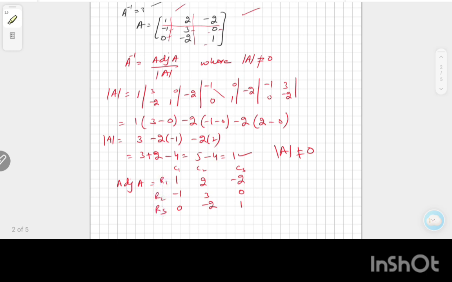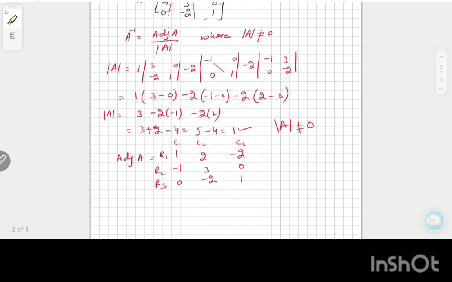The trick is that we replace column 1 and column 2 here and here. We repeat column 1 here, so column 1 is 1 minus 1 0. Now column 2 is repeated here: 2 3 minus 2.